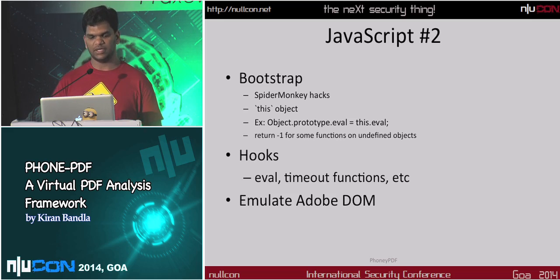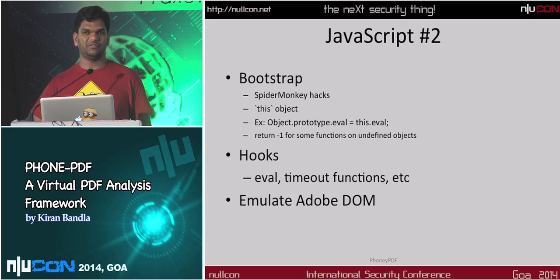So how we do that is, when we start analyzing the PDF, we create a fresh JavaScript context, and we start to bootstrap stuff. In the sense, we create a fake implementation of the app object, of this object, and so many other objects. And you won't believe, but there's so many malicious PDFs which actually have some interesting checks to see if they're running inside a fake Adobe Reader.